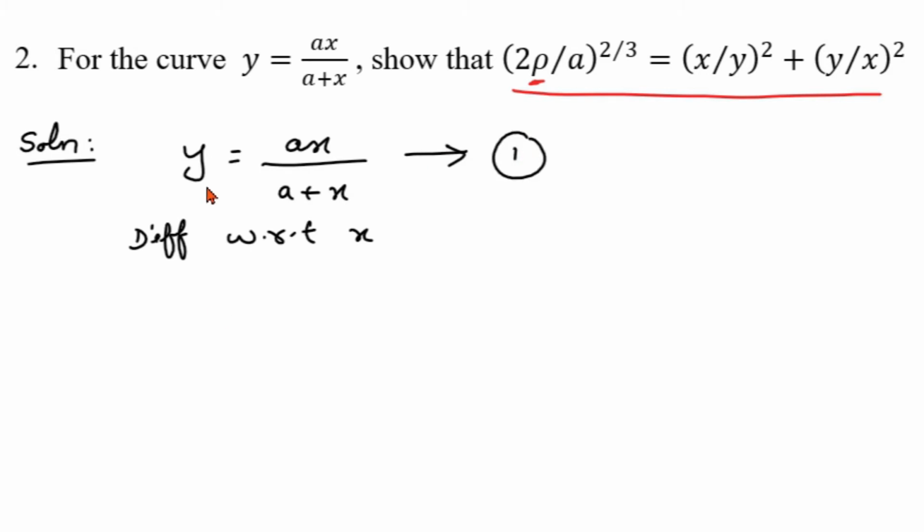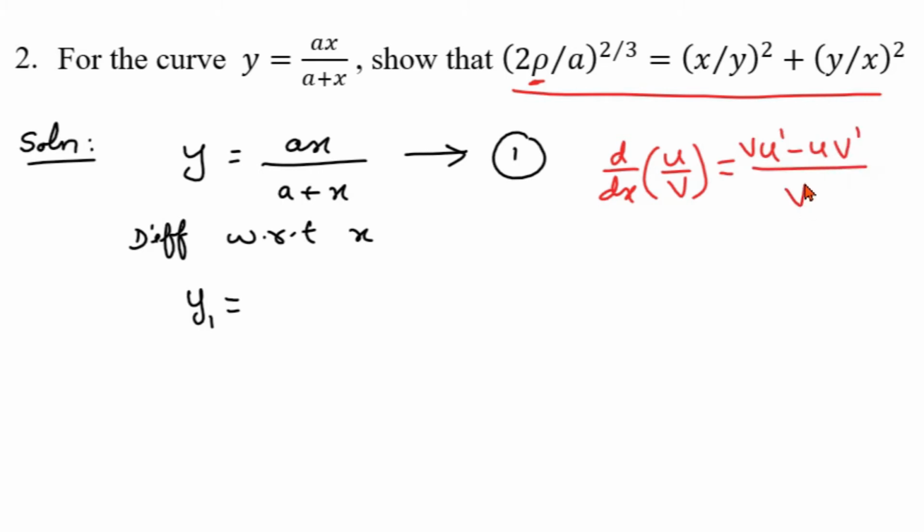So if I try to differentiate this with respect to x, I will get y1 equals to, now since you have ax/(a + x), u by v form, we need to use the quotient rule. The formula is d/dx of u/v equals (vu' − uv')/v².